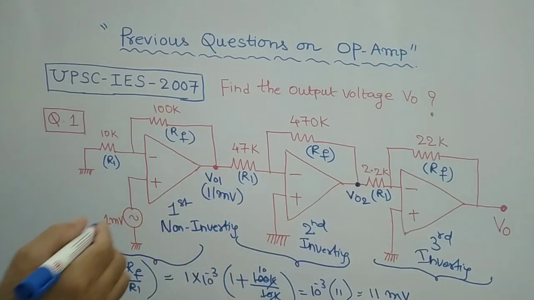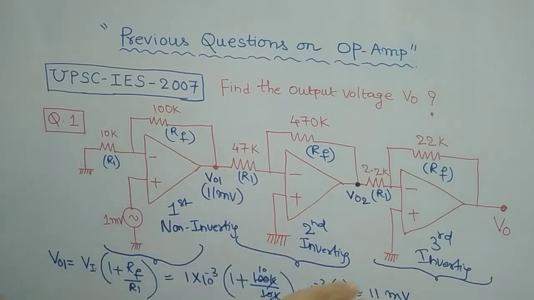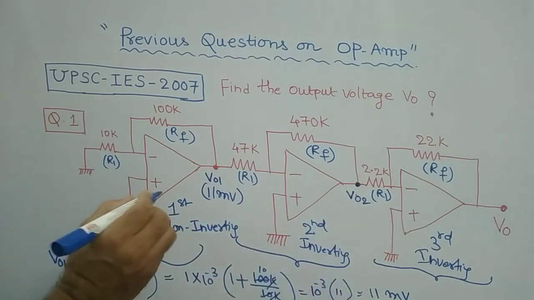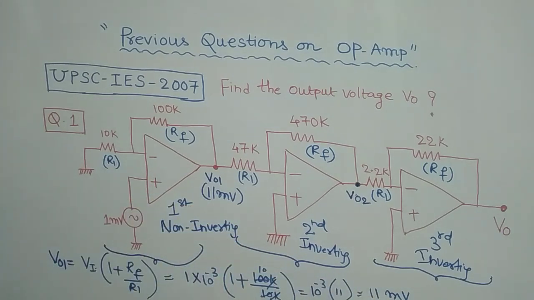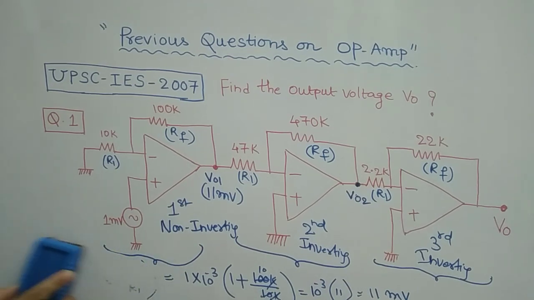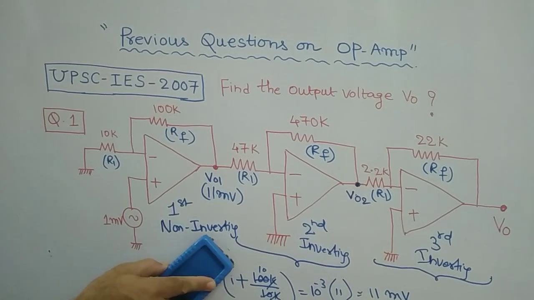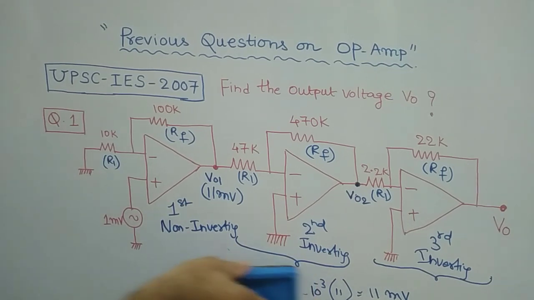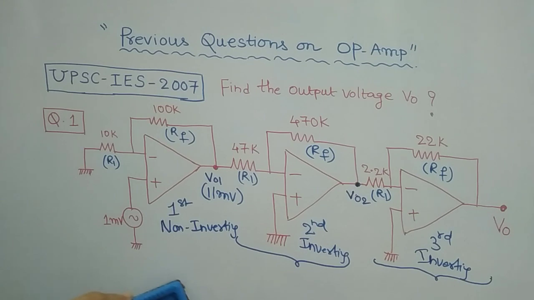Right? So, what is the output of the first stage? 11 millivolts. Likewise, you have to get. This is the output of the first stage. Now, coming to the second one. What is V02? I am erasing this. So, let us calculate V02.